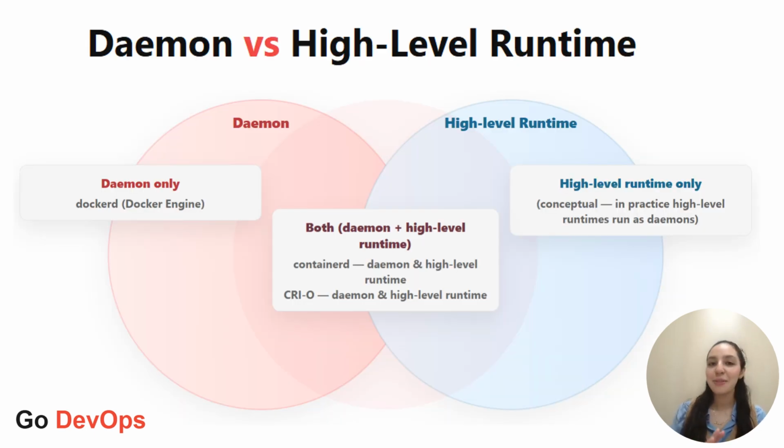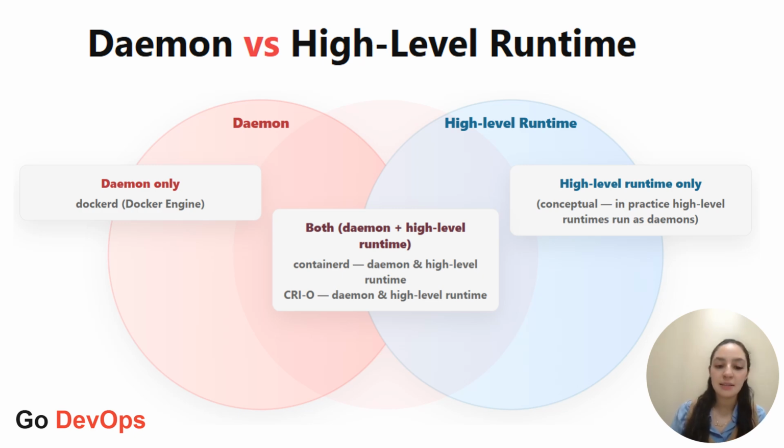Just let's clear up a common confusion. So the difference between a daemon and a high-level runtime. So a daemon is simply a background service. So it keeps running, listens for requests, and manages things continuously. For example, the Docker daemon is a daemon, only a daemon. But here's the important part. It's not a runtime, so it doesn't directly create containers.